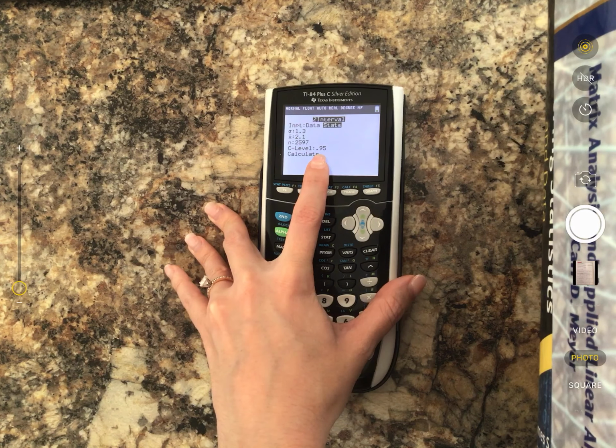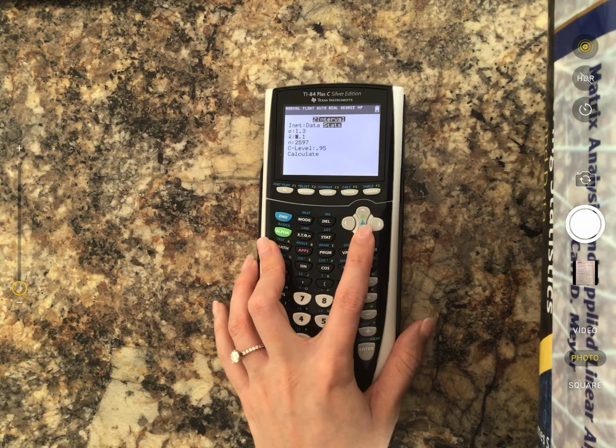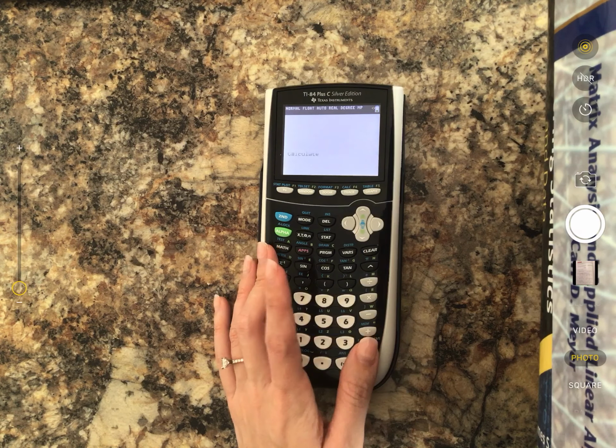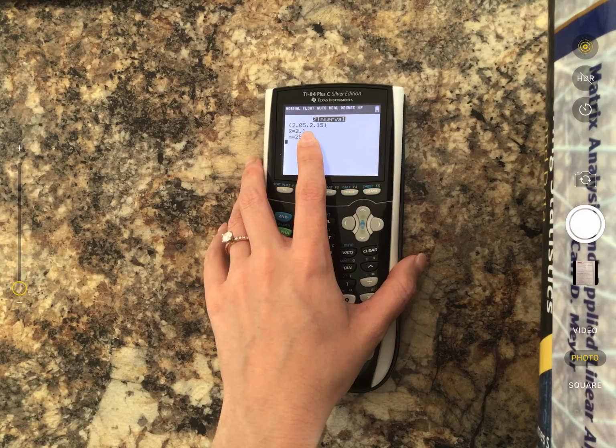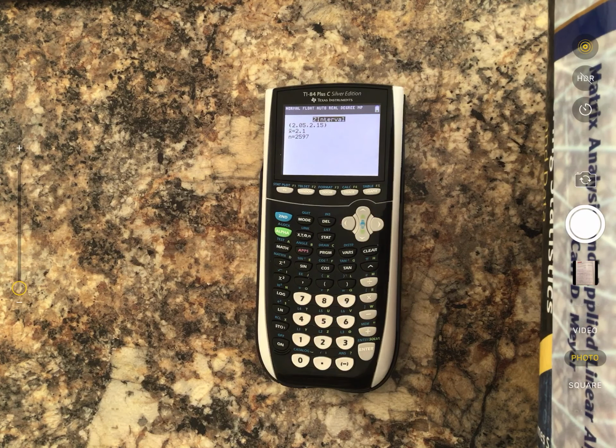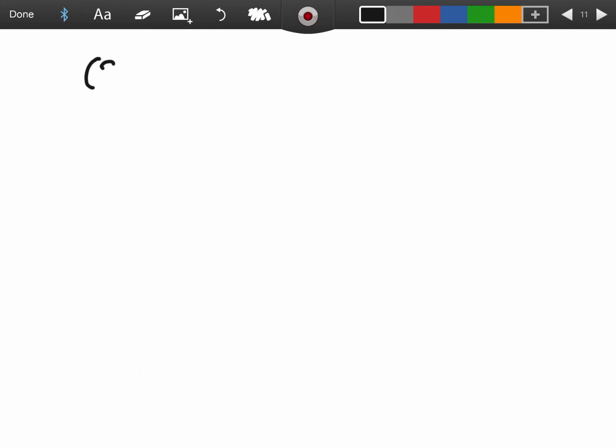We wanted to be 95% confident that this interval contains the population mean. So we're going to put that in as 0.95, and then we're going to go ahead and calculate. And then we get this interval of 2.05 up to 2.15.